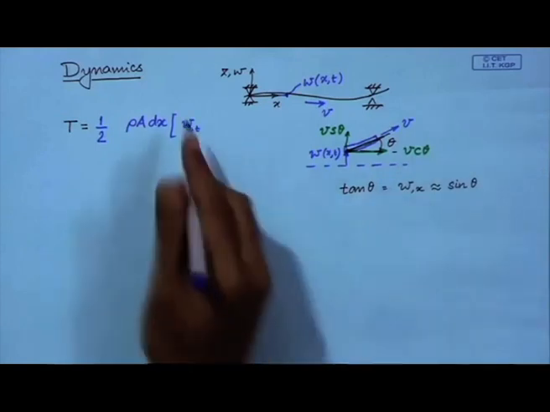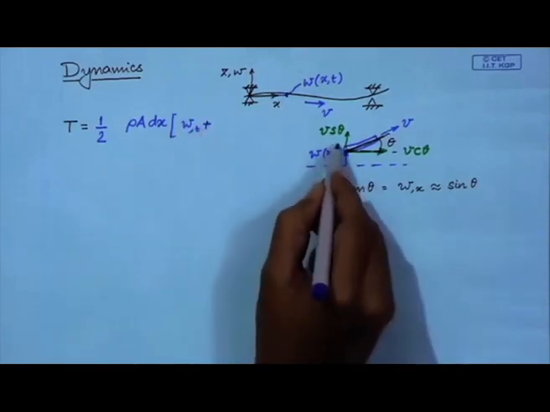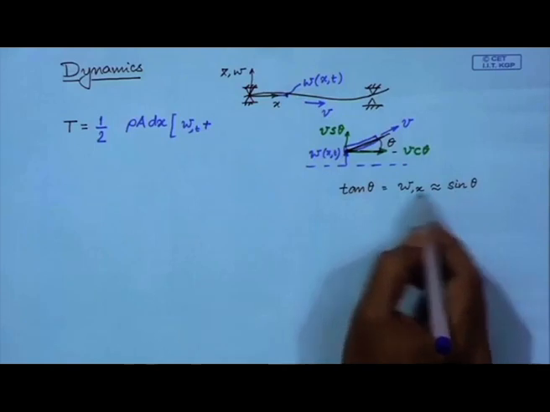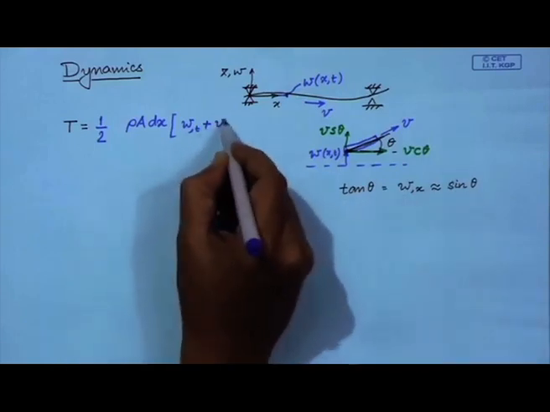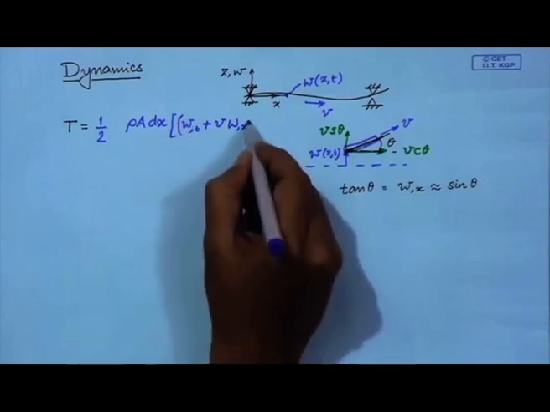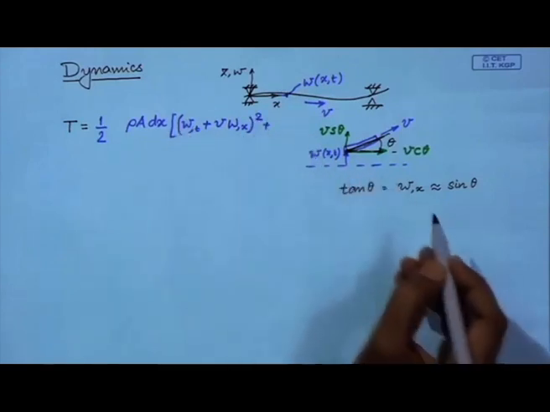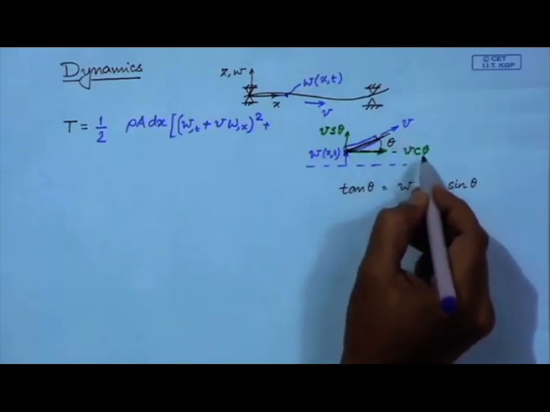So, therefore, it is del w del t plus v sine theta, where sine theta is del w del x, this whole squared, plus v cosine theta whole squared.